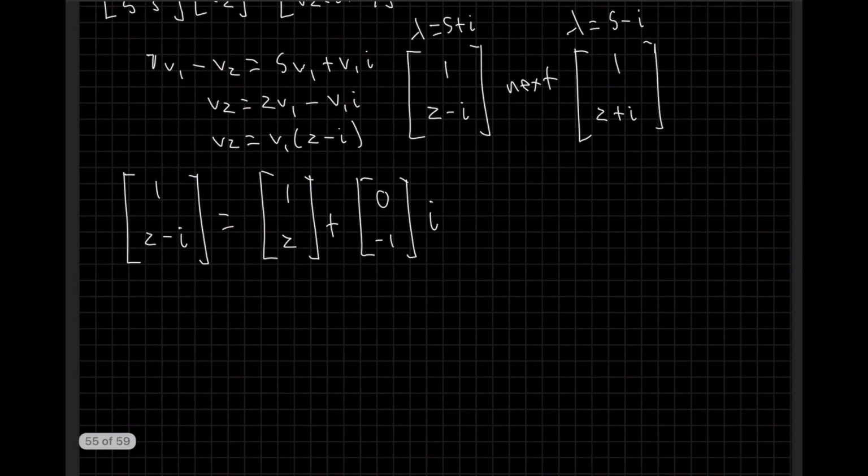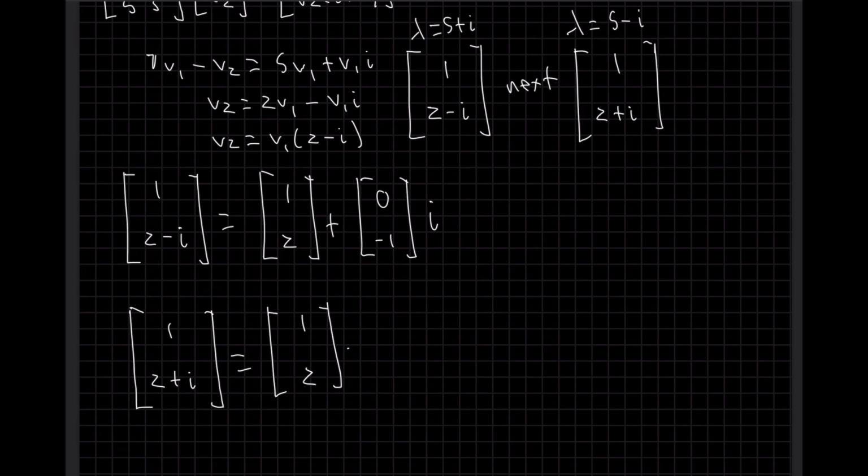And then same thing with the other one. It's going to be 1, 2 plus i, which is equivalent to 1, 2 minus the quantity 0, -1 i.